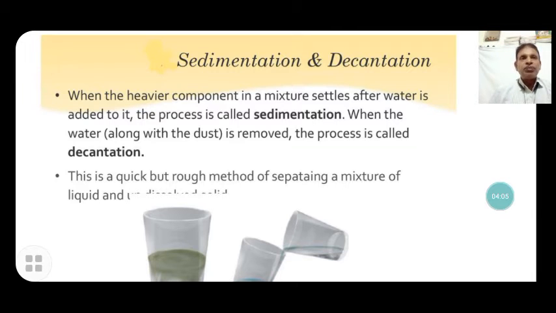For example, when muddy water is taken in a tumbler, after some time the mud settles down at the bottom, and we can separate the water above the sediment through decantation. But sometimes sedimentation is slow, so to increase it, the loading process is used.